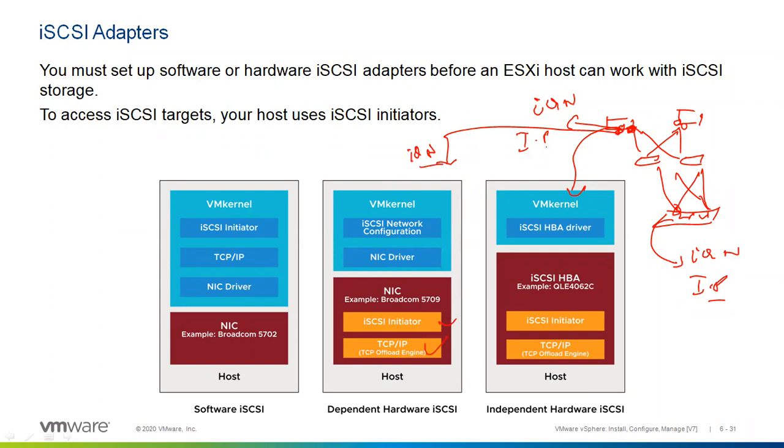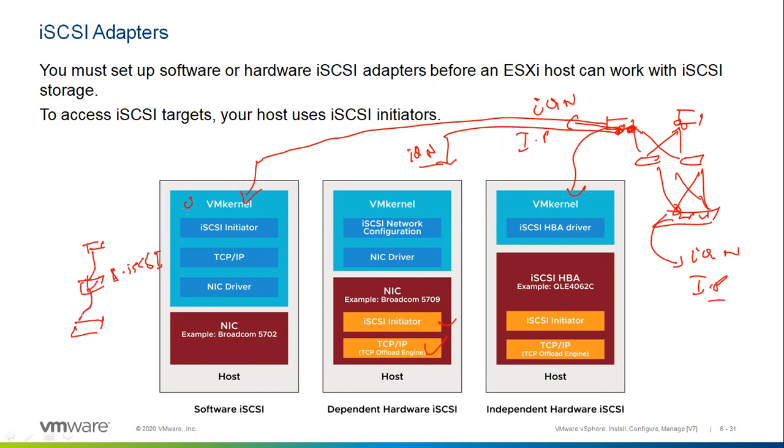And the third category is this NIC. This is my simple NIC, no iSCSI protocol. So the iSCSI work will be done by the hypervisor itself. We will have a simple physical NIC. We have to create a VMkernel port. We have to create an iSCSI adapter, a software-based iSCSI adapter, and it will map to this.